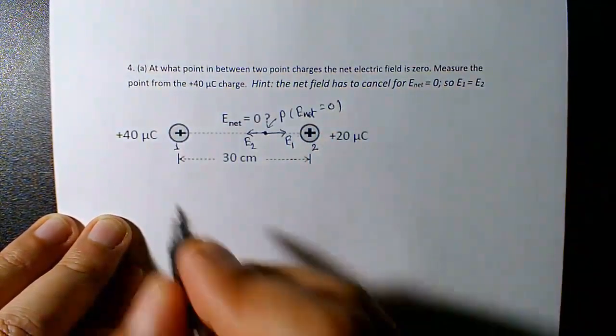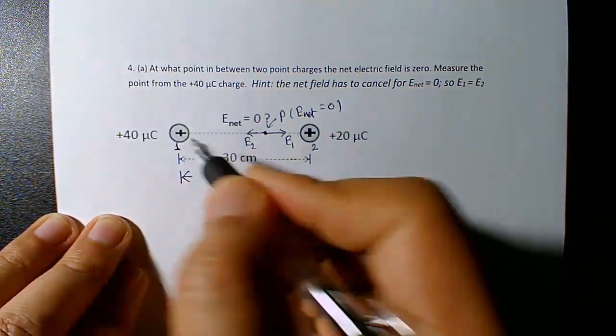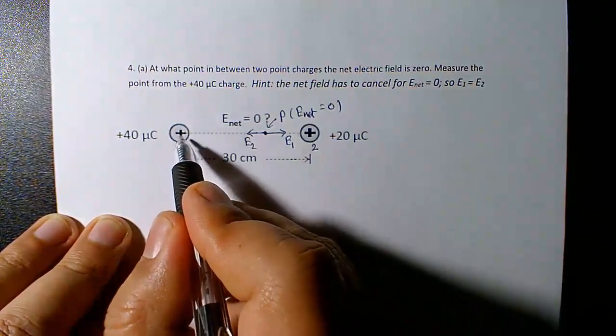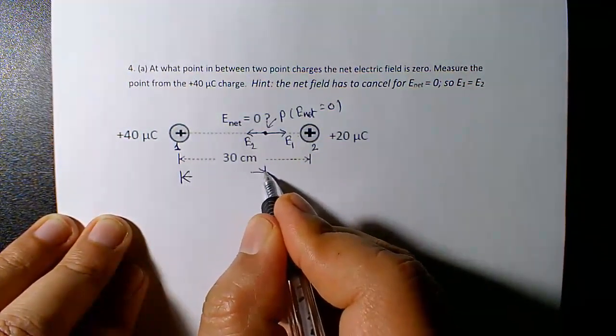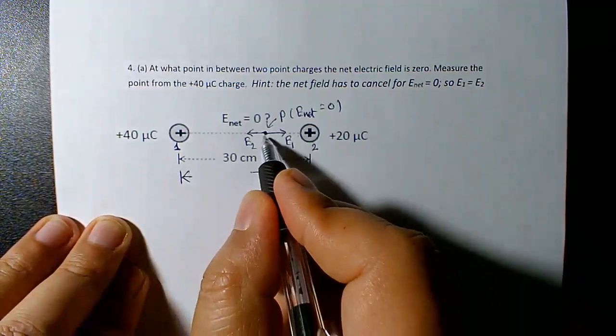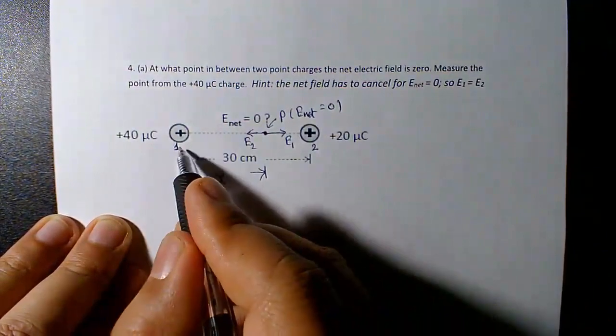And it's acting at what point? So you have to measure the actual distance. Let's measure distance from charge number 1 as the reference. Since we don't know that distance, let's say this particular point P is at distance x from charge number 1.